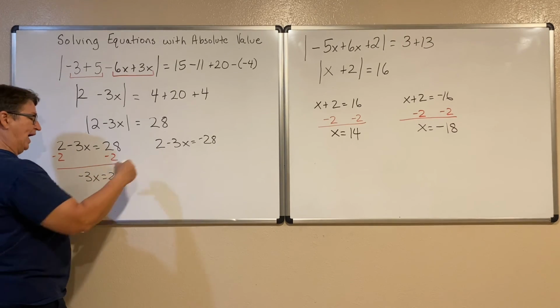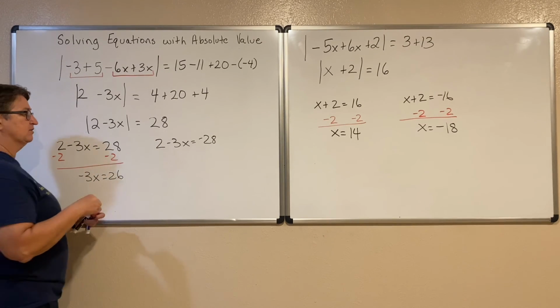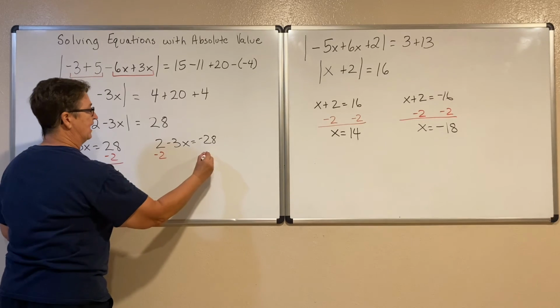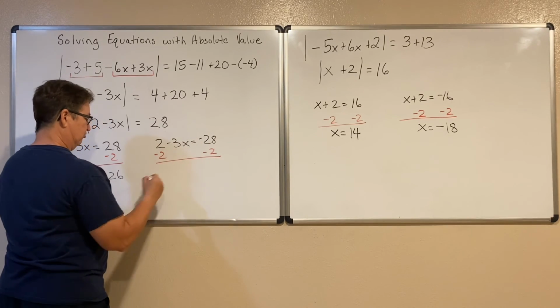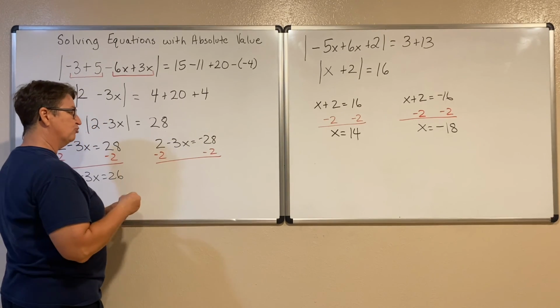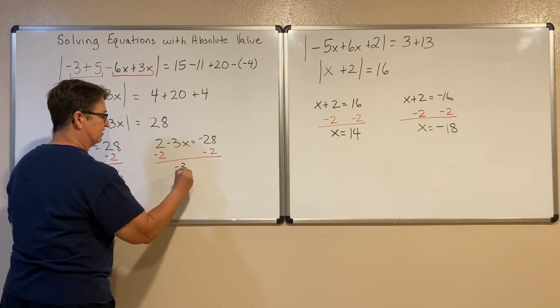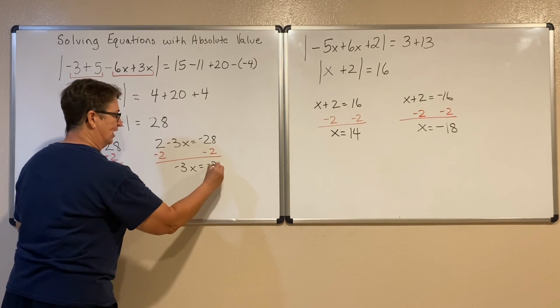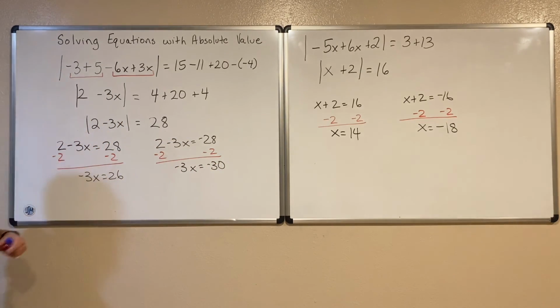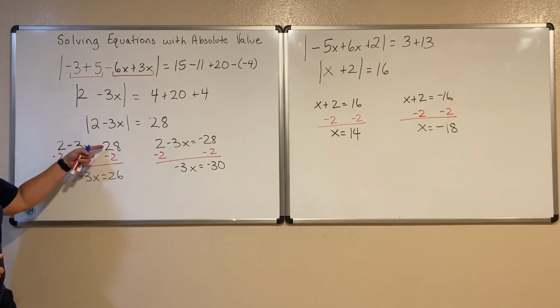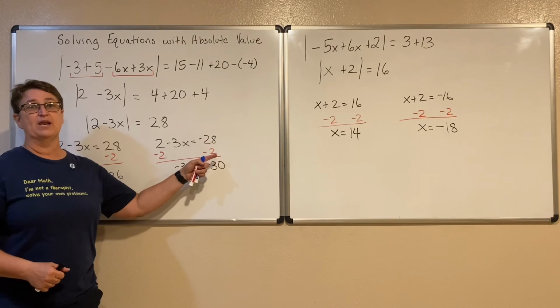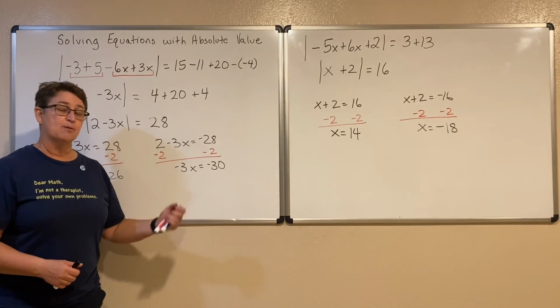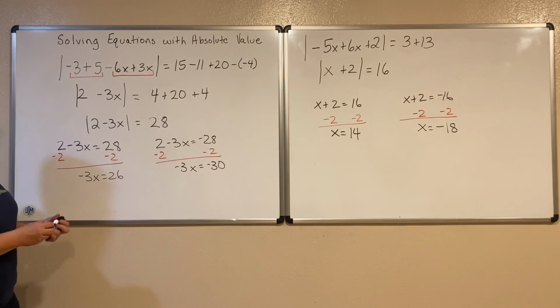I'm going to subtract 2 from both sides, which leaves me with a negative 30. So notice that when I do this step, even though I'm doing the same thing on both of my equations, they're not necessarily the same, because here I'm subtracting from a positive and there I'm subtracting from a negative. So we're going to end up with 2 different answers here.